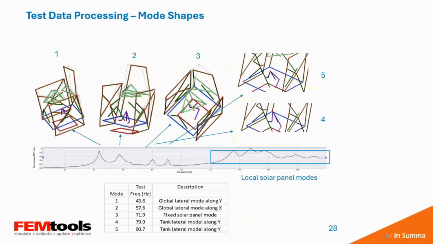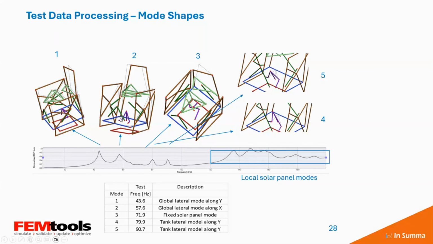So we've done the first step of correlation. The next step now is to identify parameters inside our models that we can update to gain a better correlation, because we see, for instance, in the MAC plot that if you go from mode to mode, there are high differences between the FE and the test mode.